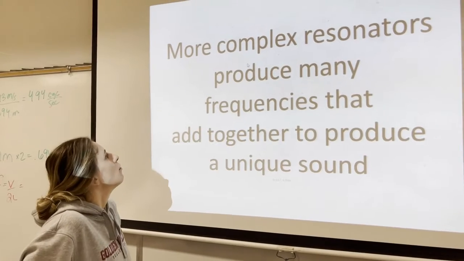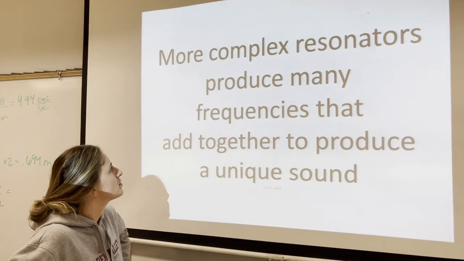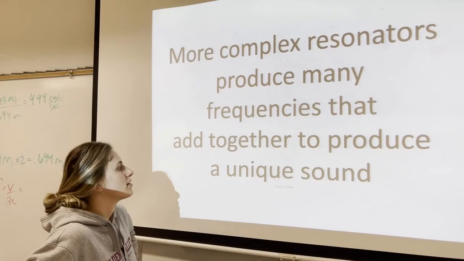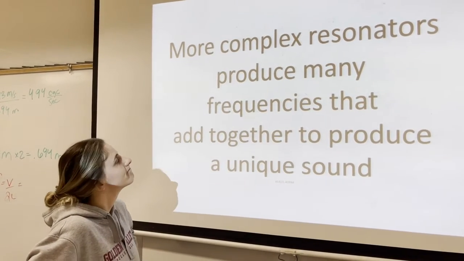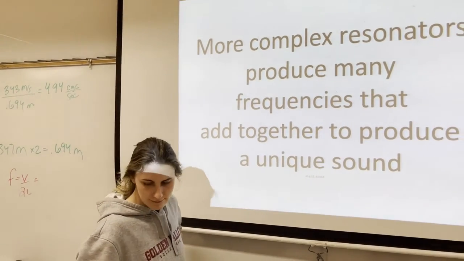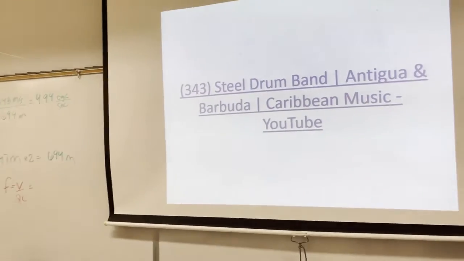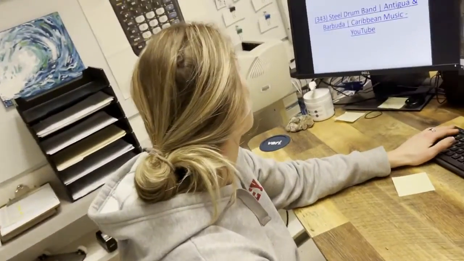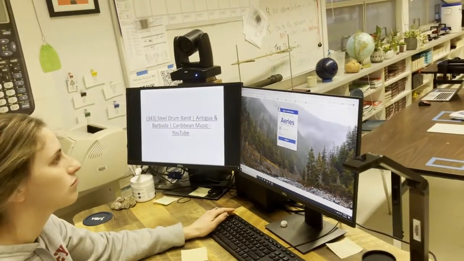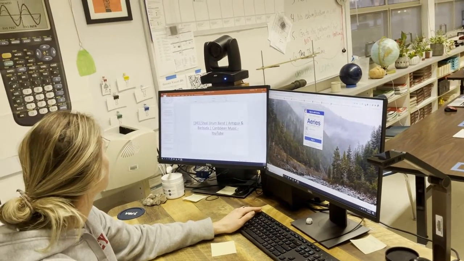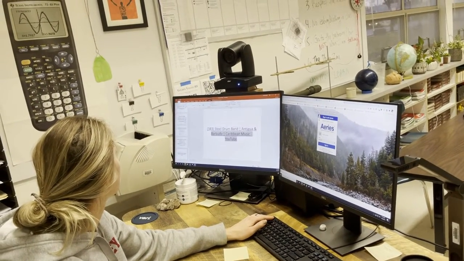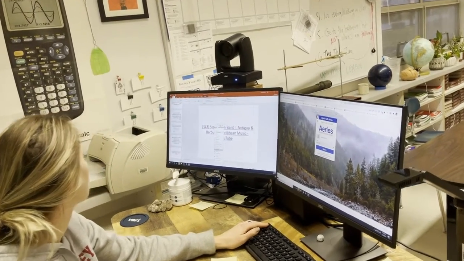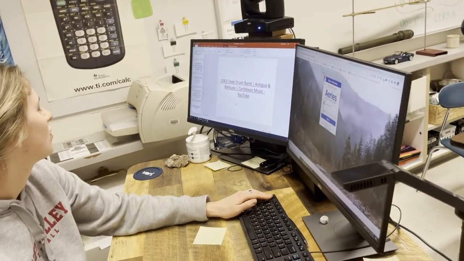Okay. More complex resonators produce many frequencies that add together to produce a unique sound. And that's what we saw there. And we've got a YouTube example in the next one. This is the most obvious musical instrument that contains open link, that's what I want.